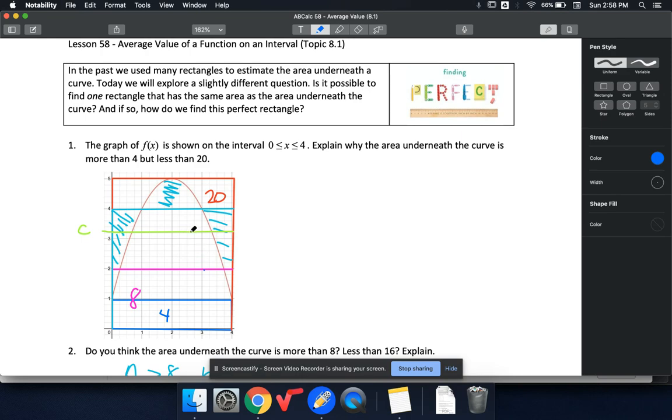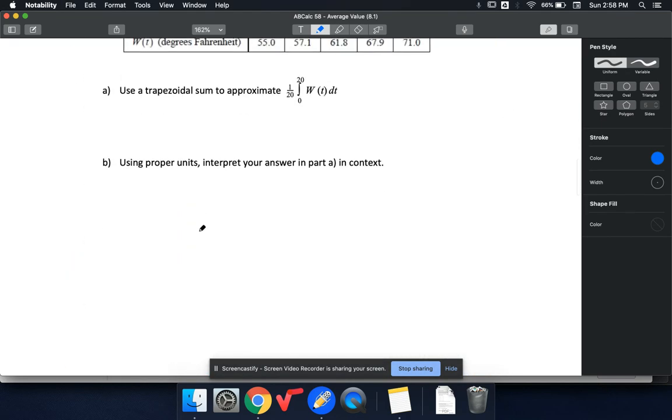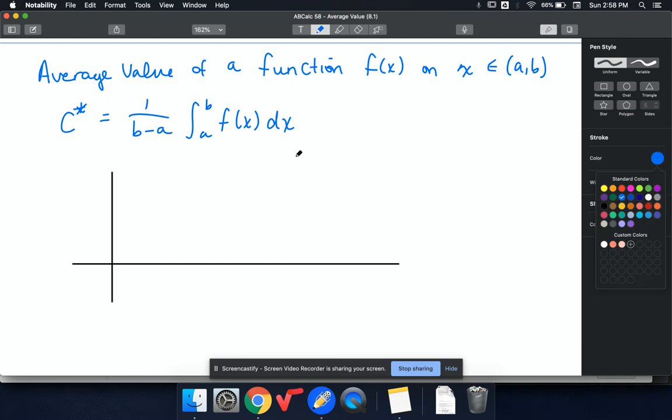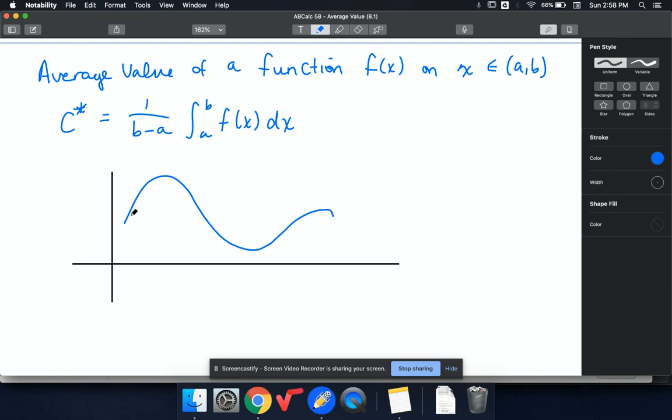What we do want, though, is, let's see here, I'm going to put in some axes. So we could have it look something like this. And then let's see, I'm finding the area of all of this area under the curve and I want a rectangle to match it.